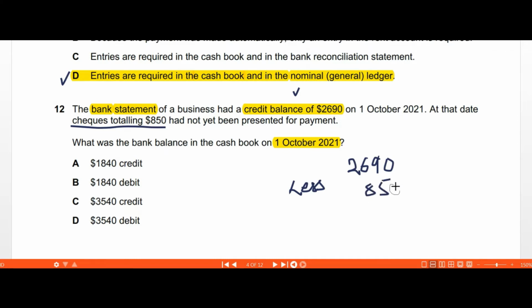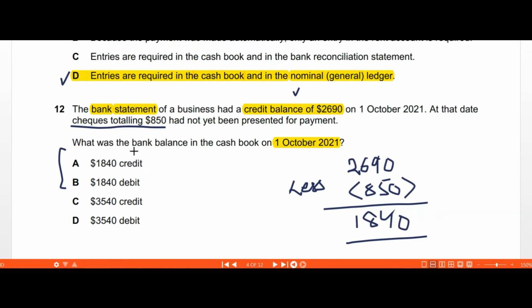So 2690 minus 850, as these checks have not yet been presented in the bank, so this amount has not been deducted yet, and with this we get a value of 1840, right?